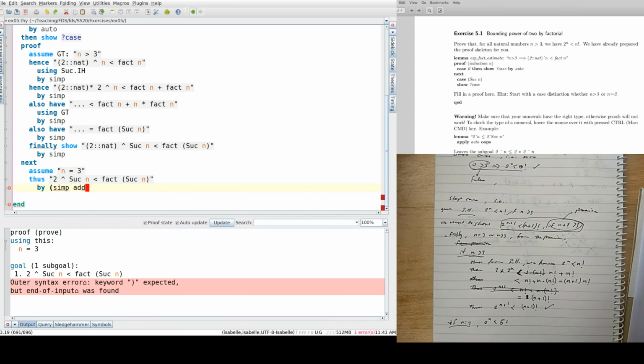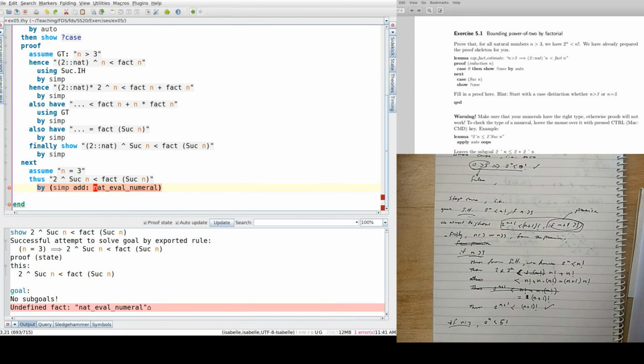And the way you do that is by, I think it's called numeral eval. One moment. So yeah, it is actually mat eval numeral. That's the name, sorry.